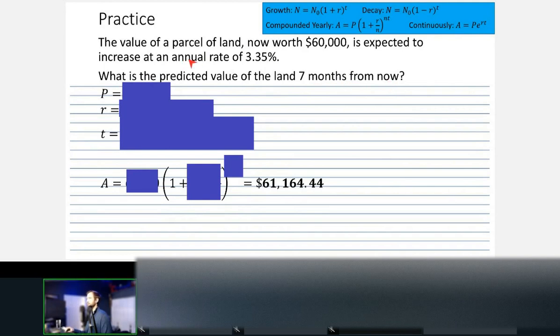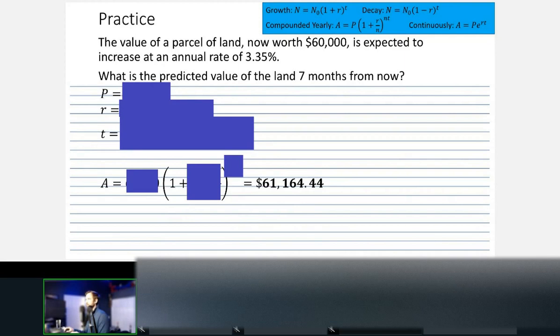So it does say an annual rate of 3.35. And this is money. This is not talking about population growth or decay. So it would make sense that we would want to use one of these financing formulas here.